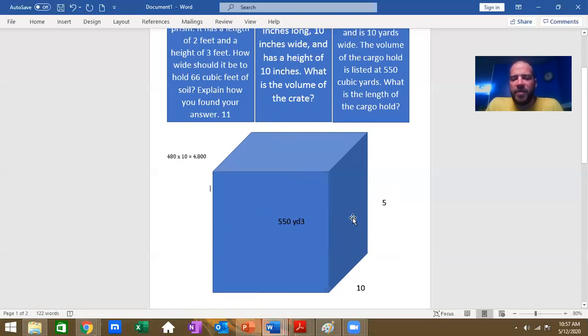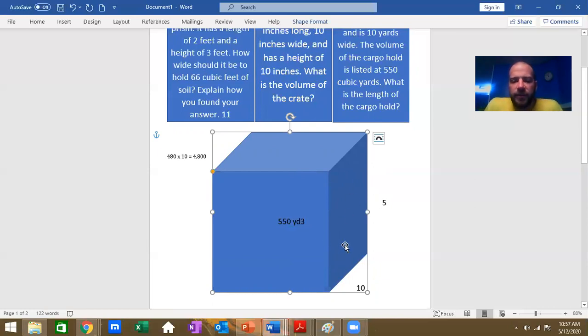Well, so now on this one, I would just say, let's pretend this is the base. And if this right here's the base, then if this was on the ground, kind of turn your head, this would be the height. And this is the piece that we need. So 5 times 10 is 50. And then 50 times something is 550, right?